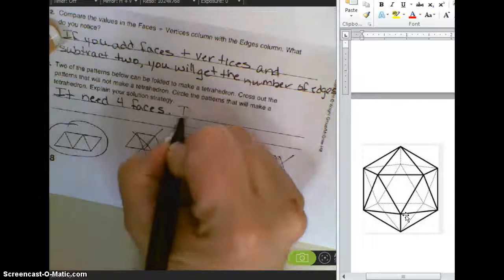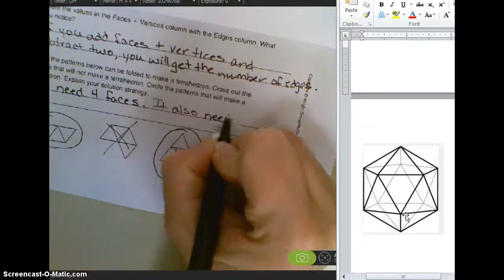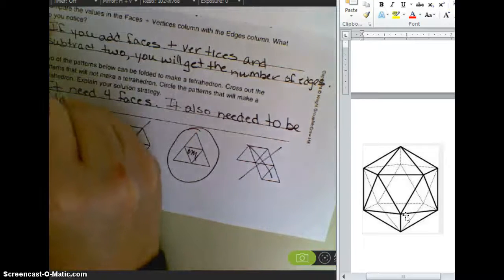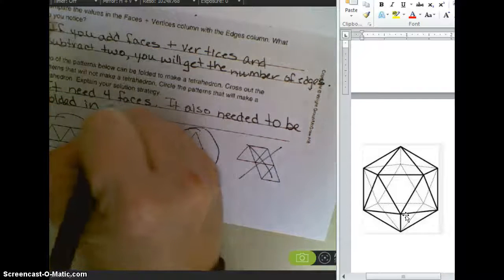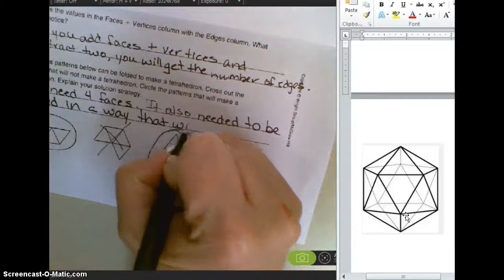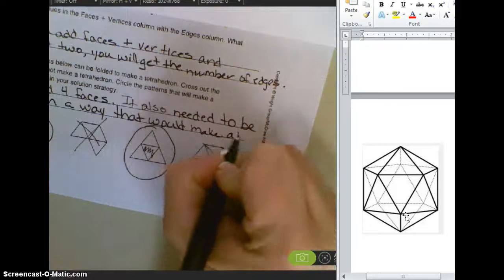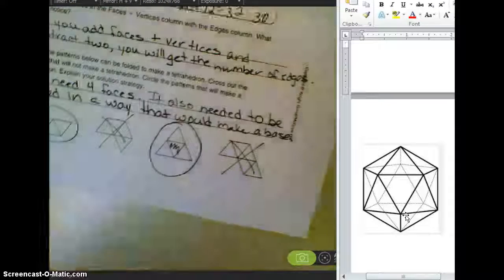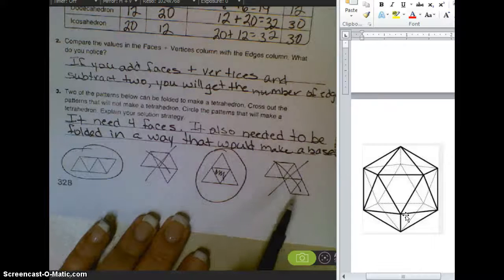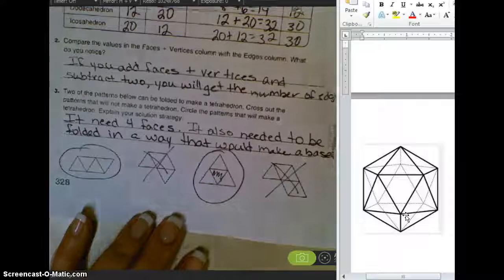It also needed to be folded in a way that would give us a base. So it needed to have 4 faces, so that eliminated that one, and then this one we couldn't fold it in a way that would make a base, so that one won't work for that reason.